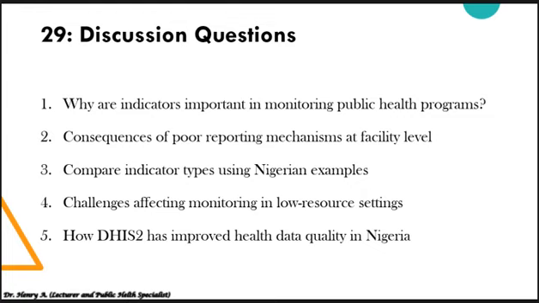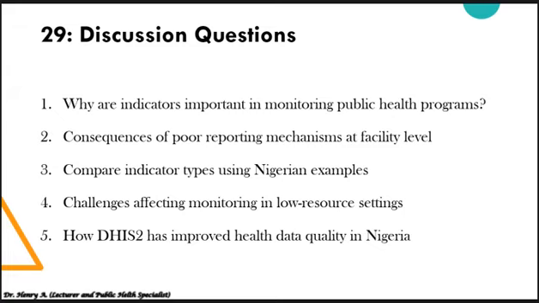Now, output indicators measure immediate results of program activities, such as the percentage of pregnant women who received the treatment plan, or the number of children vaccinated during a session. The output indicators lead to the outcome indicators. These reflect short to medium-term health improvements.